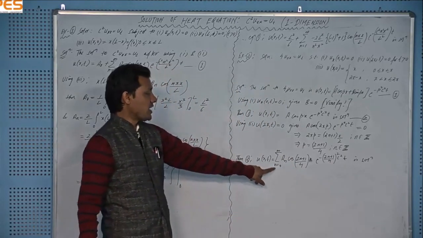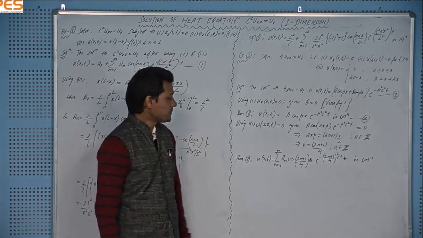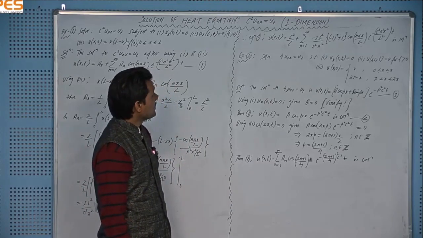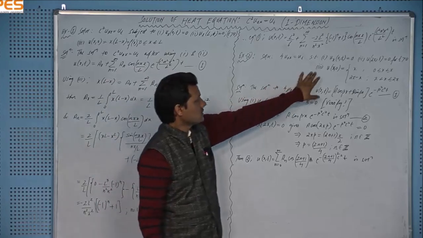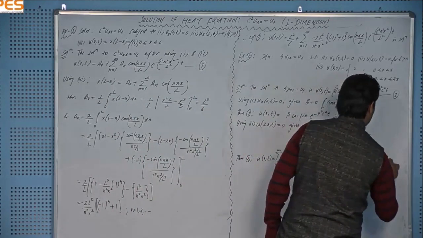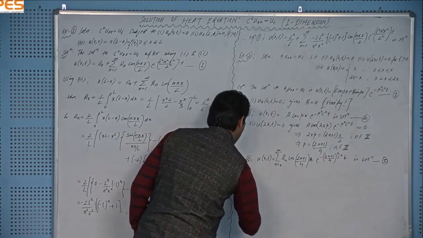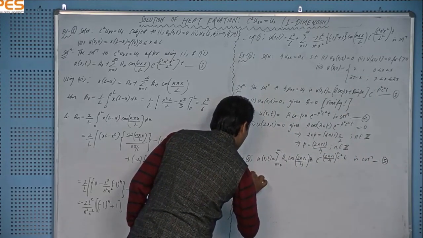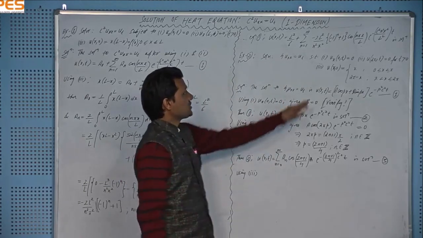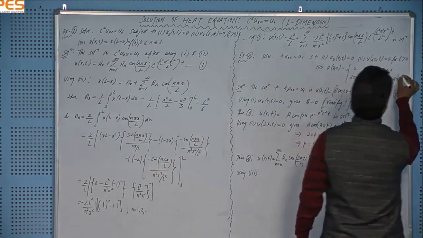You should note this step, why I have written n is equal to 0. This is a solution, and what is remaining is condition number 3. Let me call it the refined solution, solution number 3, using the third condition, that is u(x, 0) is equal to f(x).